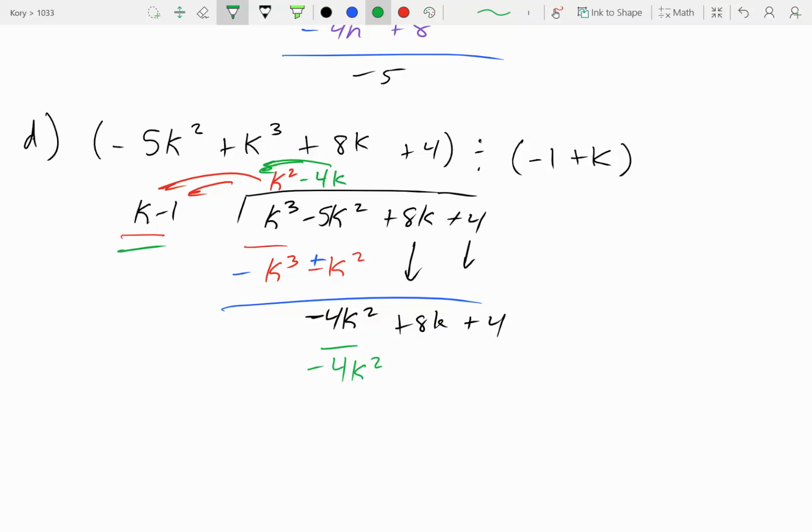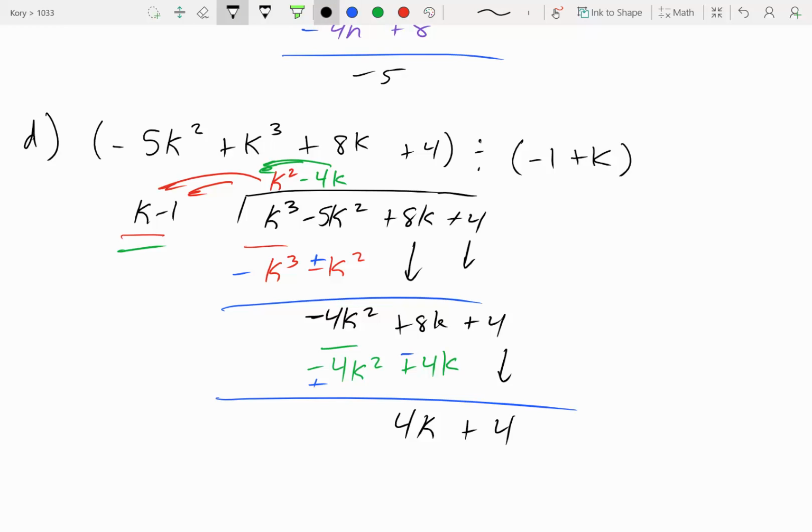Negative 4k times negative 1 is positive 4k. We're going to switch the signs and add. So negative becomes positive. Positive becomes negative. The 4k squareds cancel out. We have 8k minus 4k. That leaves us with positive 4k. And we're just going to bring down the 4.